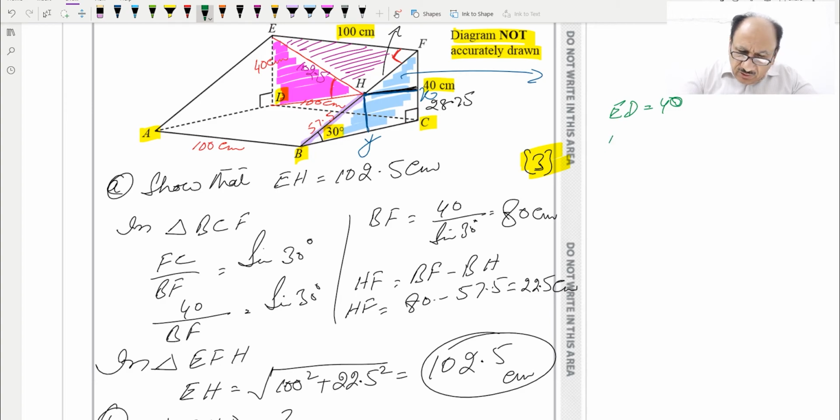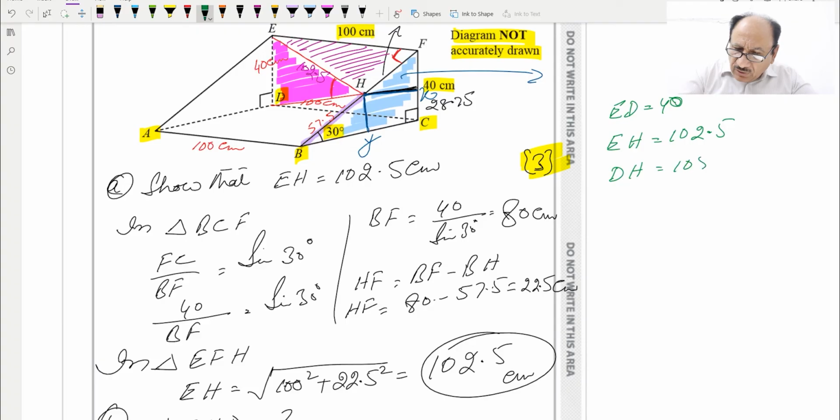EH is equal to 102.5, and DH is equal to 105.86, which we just found.